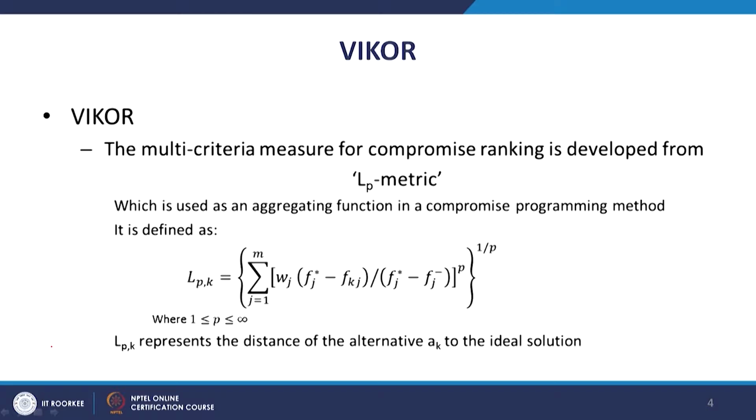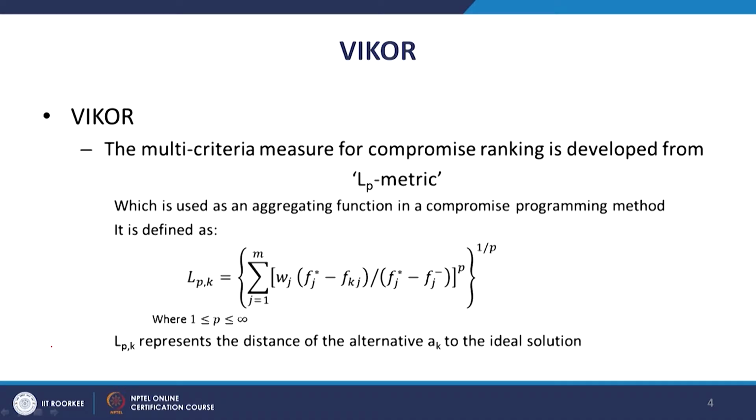So, the summation is ranging from 1 to m, and then within the brackets the power is p, again the parameter p, and within this bracket we have a weighted sum of a ratio. Here Wj stands for the criteria weight, where j indicates the criteria.